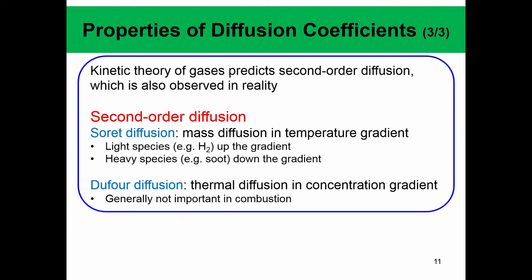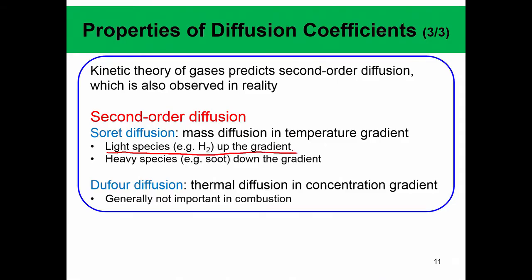There is mass diffusion when there is a temperature gradient in a multi-component species, and a good example is that light species like hydrogen go up the gradient and heavy species like soot go down the gradient. We will come back to this later when we discuss the constitutive relations that define the different diffusive processes inside the governing equations.